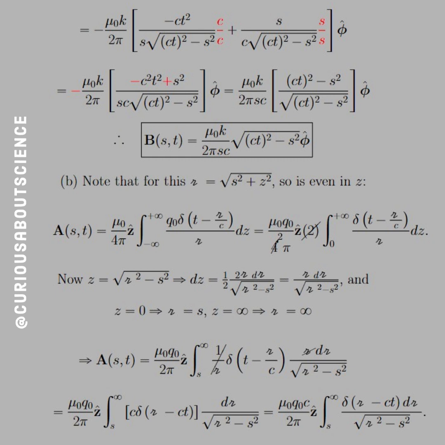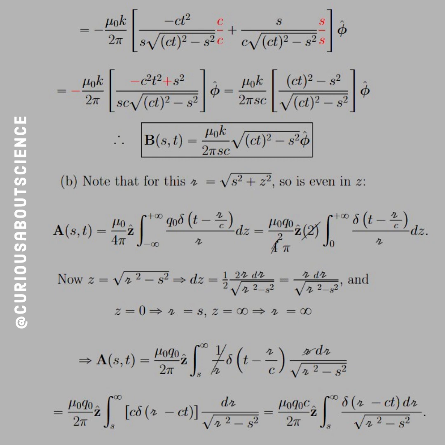q0 comes up front as a constant. And then, since we're looking at script R and so forth, let z equal the square root of script R squared minus s squared. dz is equal to this monstrosity, which I'll let you read off and simplify down.